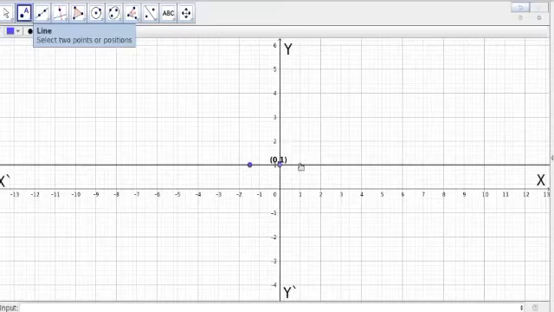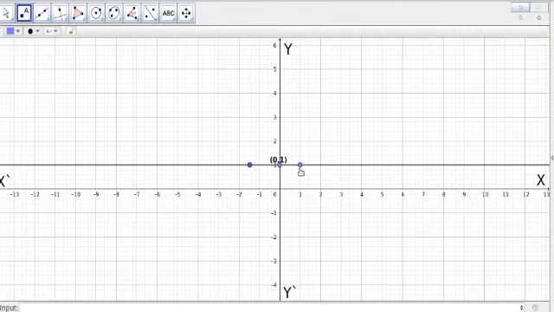What about the y coordinates? See, this point is 1, 1, right? What about this point? That point is 2, 1. This point is 3, 1. This point is 4, 1. This point is 5, 1.